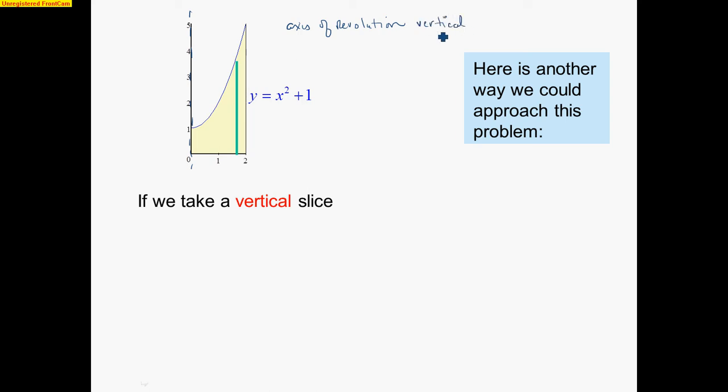And whenever we do potato chips and lifesavers, if your axis of revolution is vertical, then your slice has to be perpendicular to that, horizontal. Conversely, for lifesavers or potato chips, if your axis of revolution is horizontal, your slices have to be what?